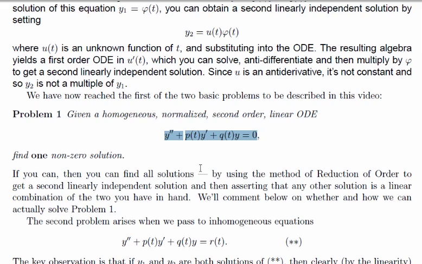The problem is find one non-zero solution. If you can, then you can find all solutions. First, by using the method of reduction of order to get a second linearly independent solution, and then observing that any other solution is a linear combination of the two you have in hand.